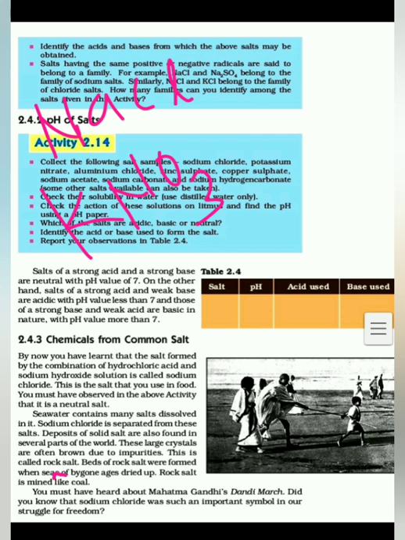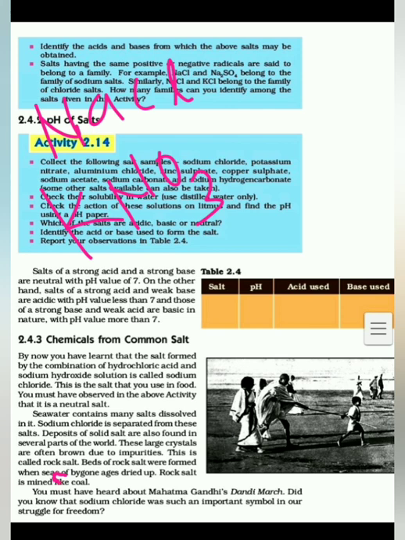Similarly, strong bases ionize completely into OH minus ions, but weak bases do not ionize completely into OH minus ions. So in a weak acid or weak base, along with H plus or OH minus ions, some molecules are also present. But strong acid and strong base dissociate completely into H plus and OH minus ions respectively.